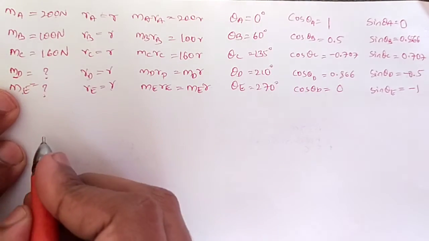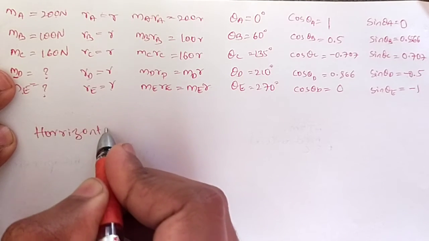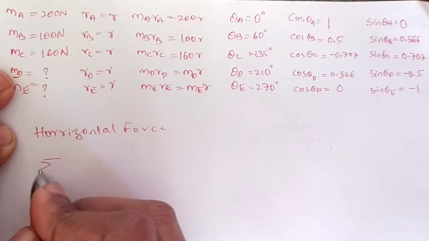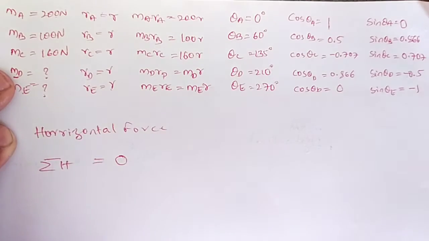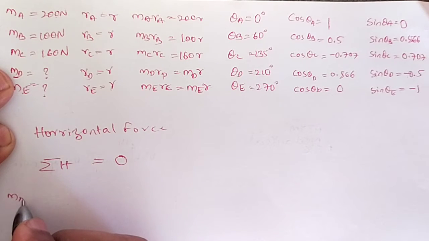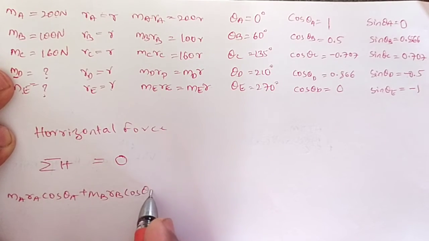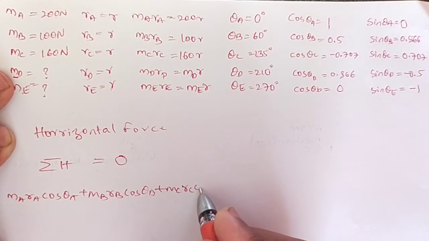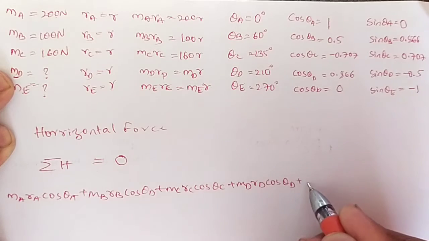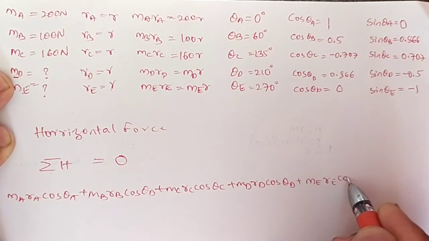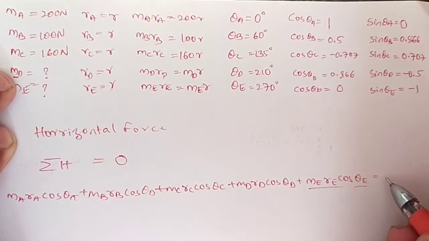Now we directly take the equation. For a complete balance, the horizontal force is 0.